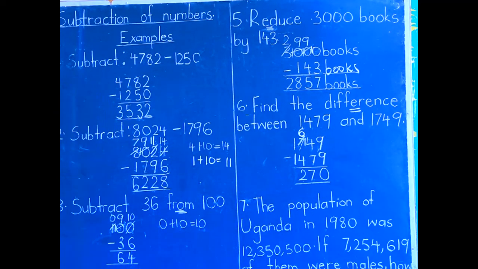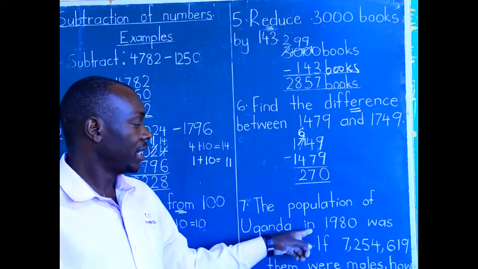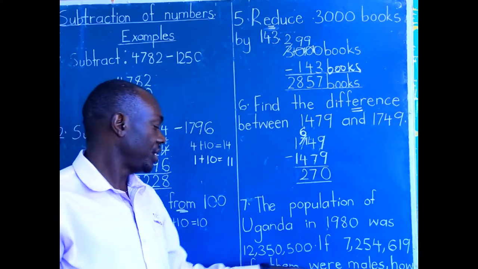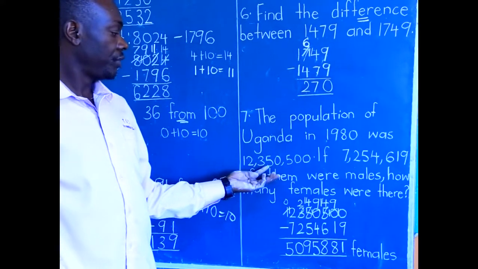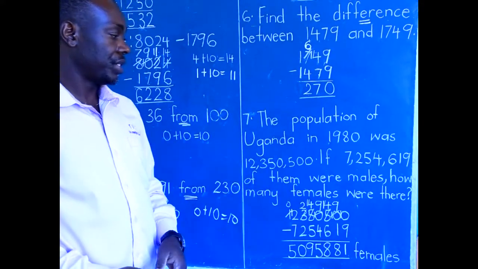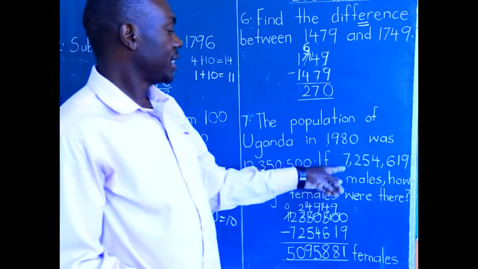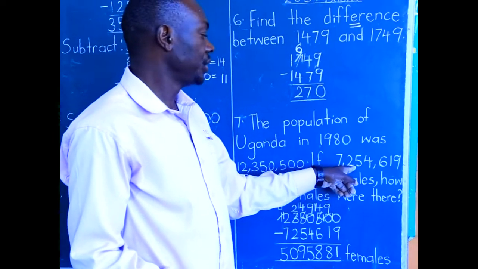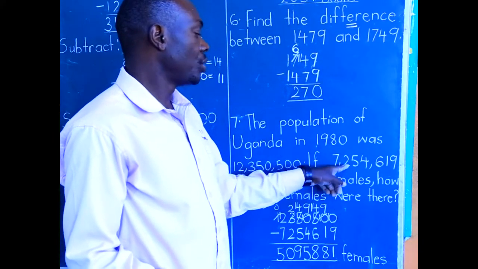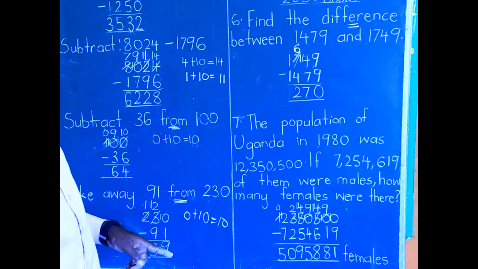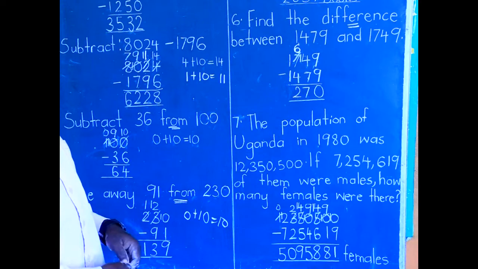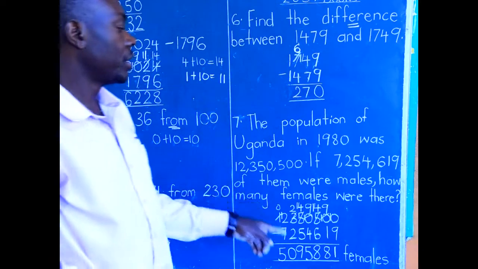It reads, the population of Uganda in 1980 was 12,350,500. If 7,254,619 of them were males, how many females were there?